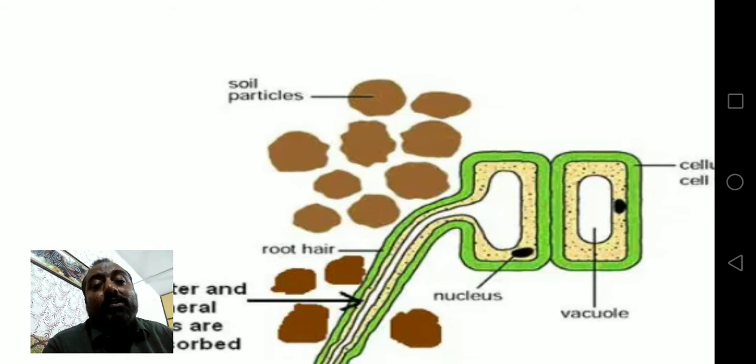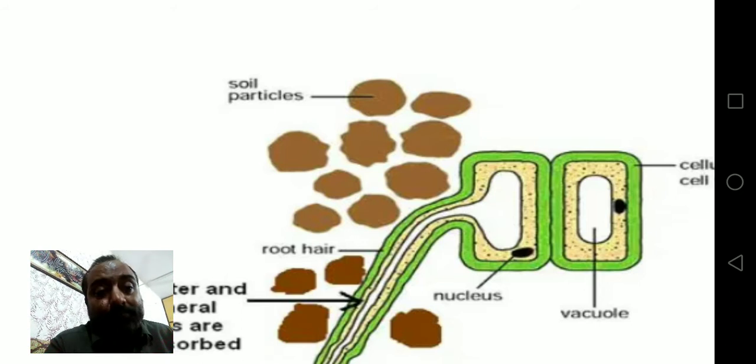If you can recall, tonoplast is the membrane of the vacuole. So these 3 structures, cell wall, cell membrane, and tonoplast, extend themselves to form a thin and long extension called a root hair. Now what is the purpose of making this thin and long extension called a root hair?